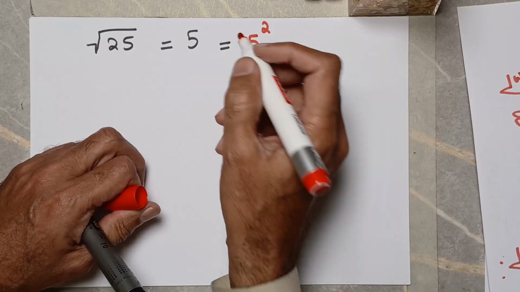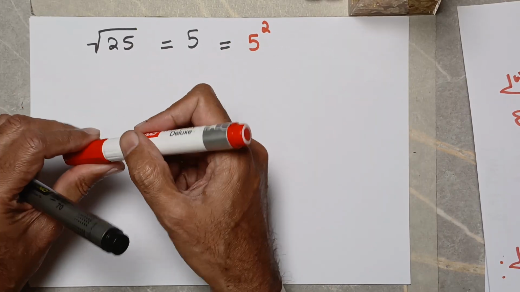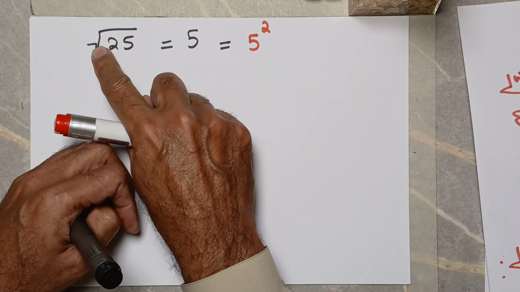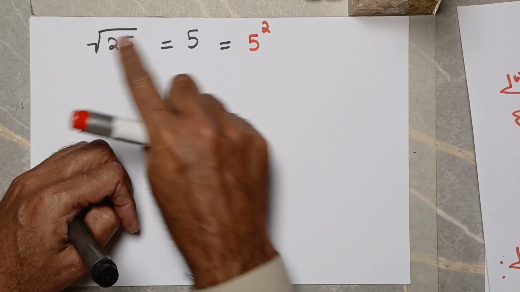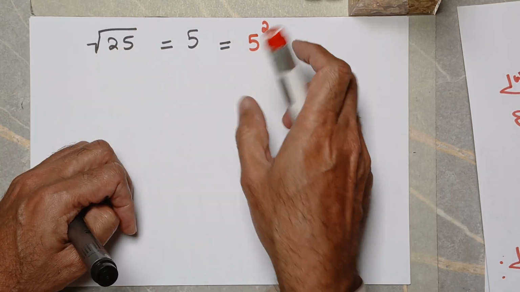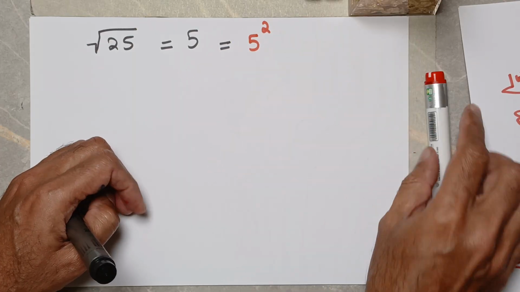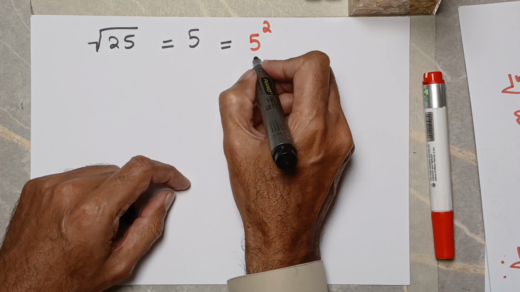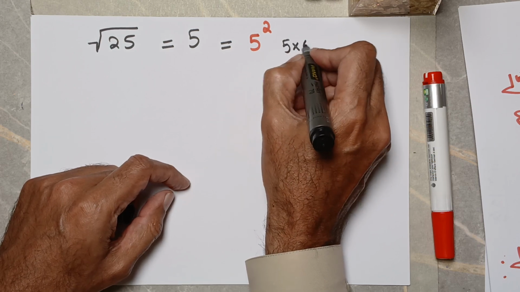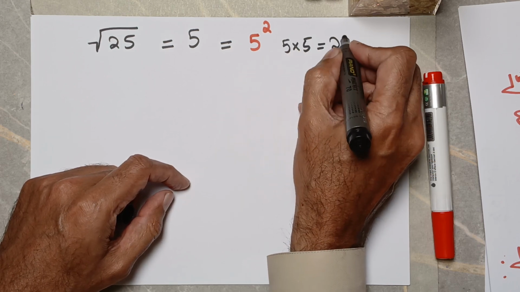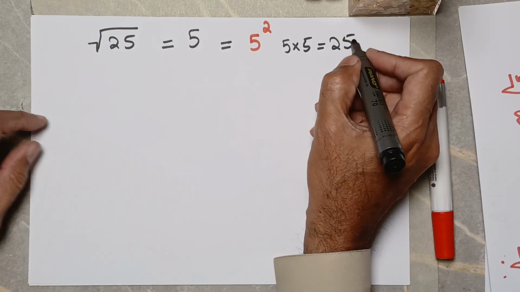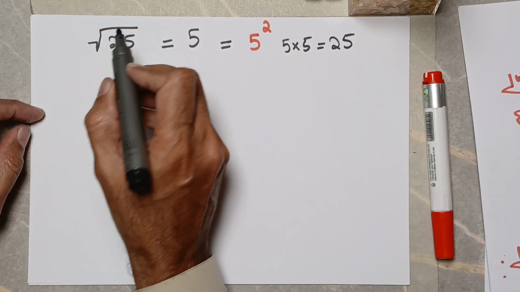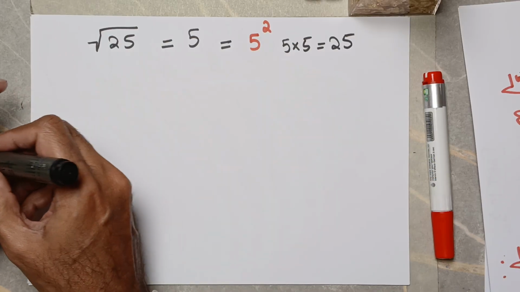And look, there is a very interesting fact: this square root is actually the inverse of this exponent. Here it is 5 raised to the power 2, which is 5 times 5. What do you get by 5 times 5? You get 25. So the square root of 25 is the inverse of the exponent.